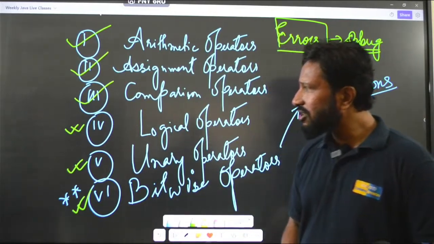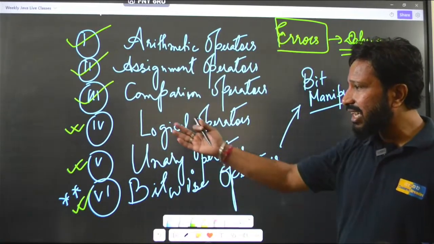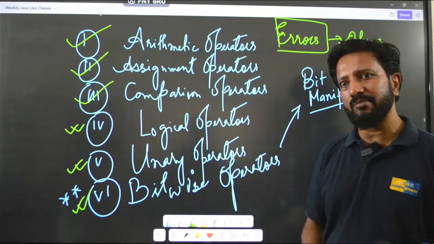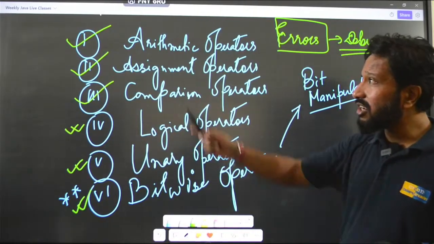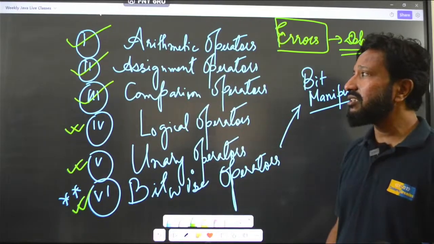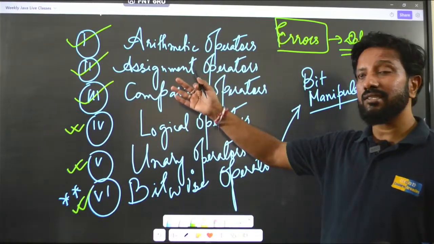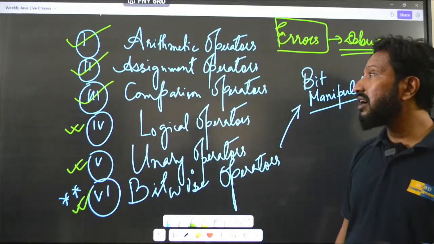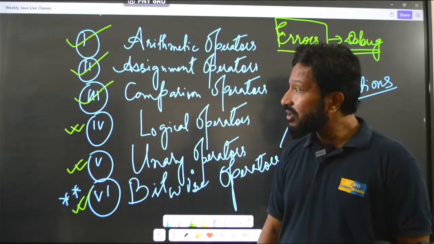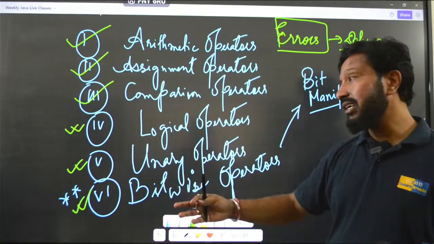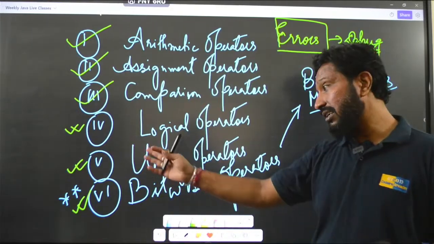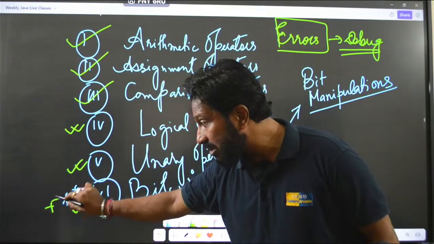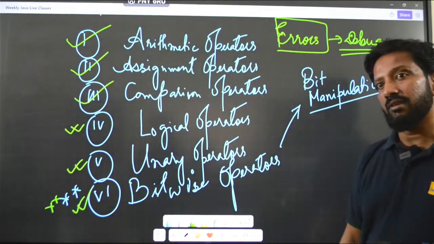Or else, rather than taking something up randomly, we can go on with this in the next session, it doesn't matter. For the time being we have already learned arithmetic, assignment, and comparison. You do your own practice, come up with your doubts and post them in the comment section. And when you are done with that, in the next Saturday live session we will be coming up with the logical operators and unary and bitwise. Guys, this is very important, I am telling you again and again, the bitwise operators are very important for us.